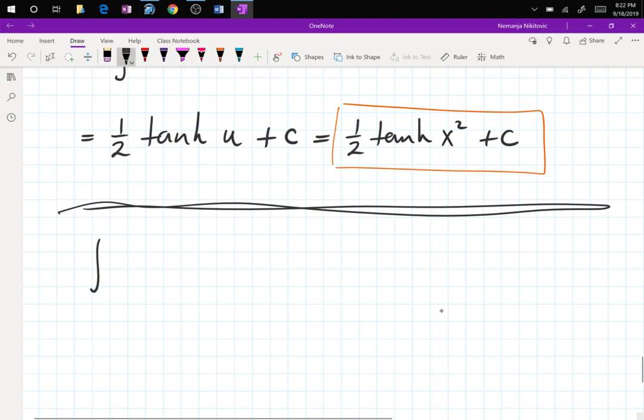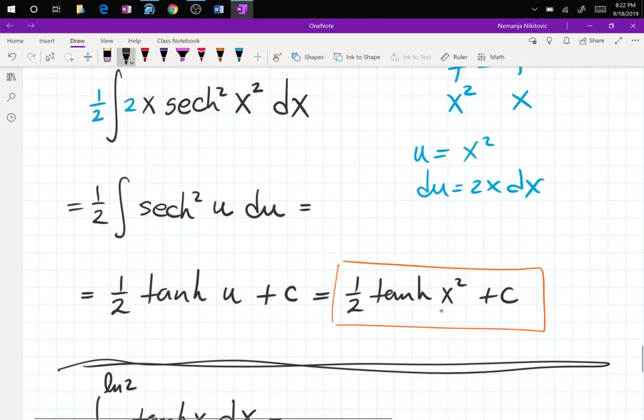Integral from 0 to ln 2 of tangent hyperbolic x dx. Definite integral of tangent hyperbolic.